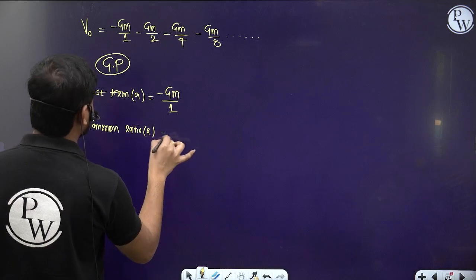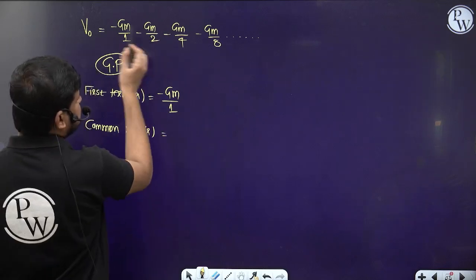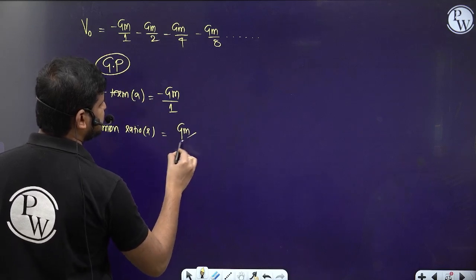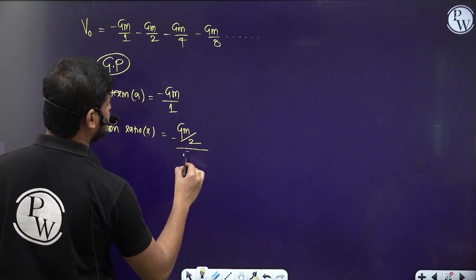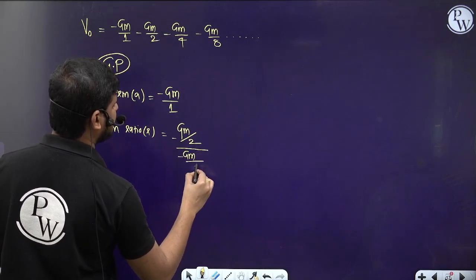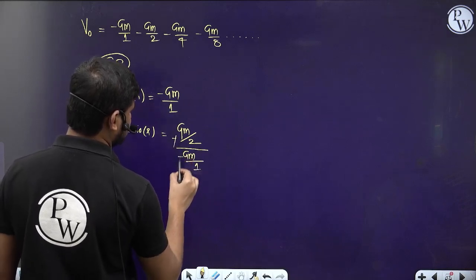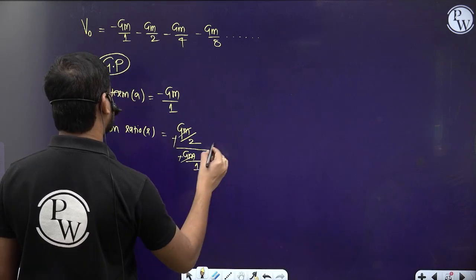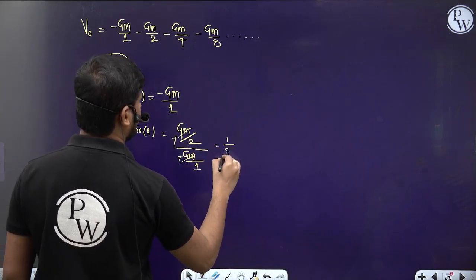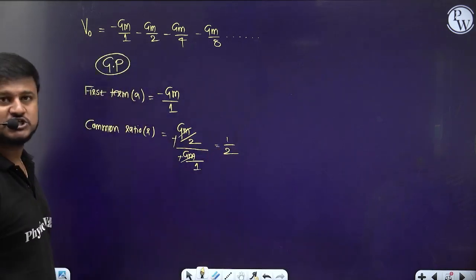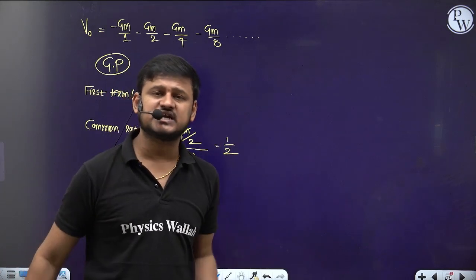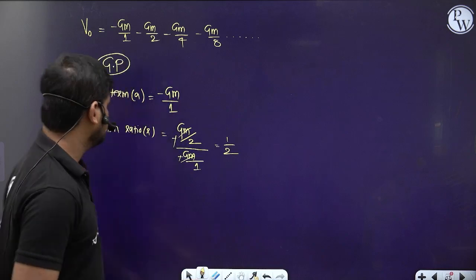It is equal to the second term by the first term, A2 by A1, which is minus Gm by 2 over minus Gm by 1. Here Gm gets cancelled, and 1 by 2 is left. This is the common ratio, 1 by 2. Now what is the summation of infinite terms in the case of a geometric progression?